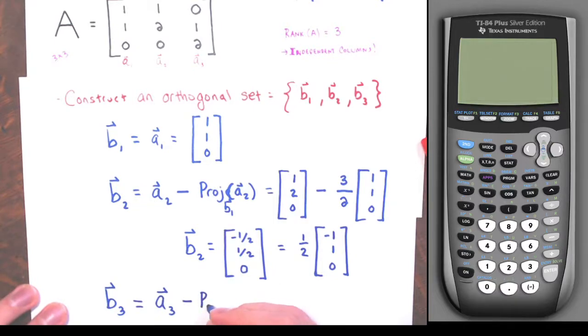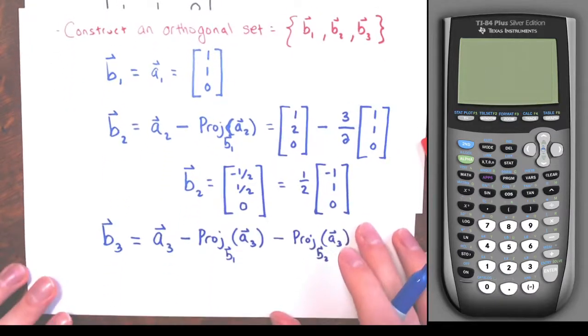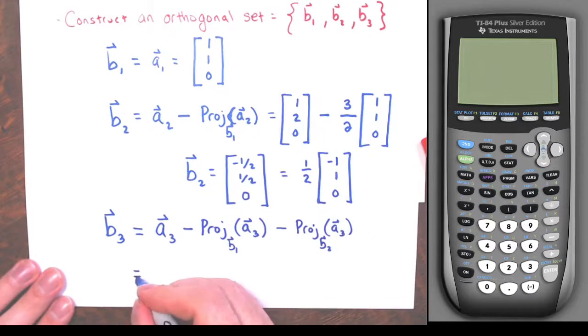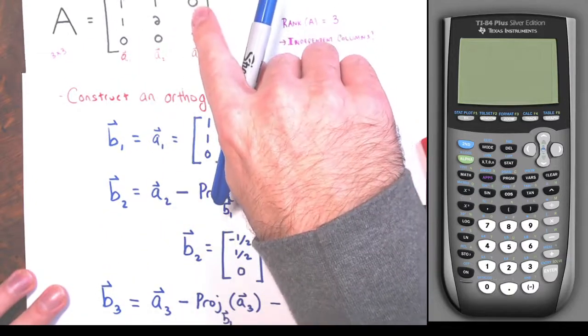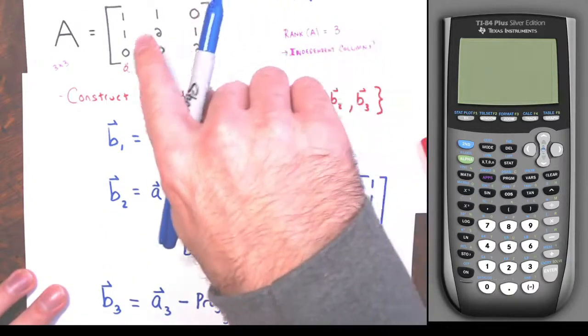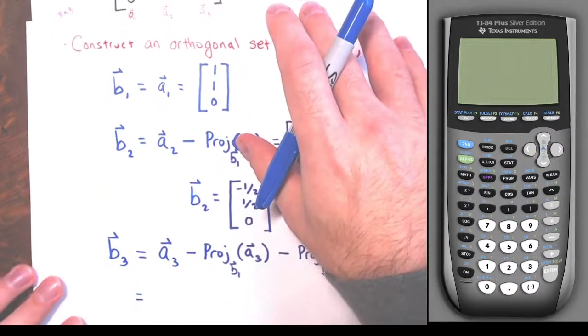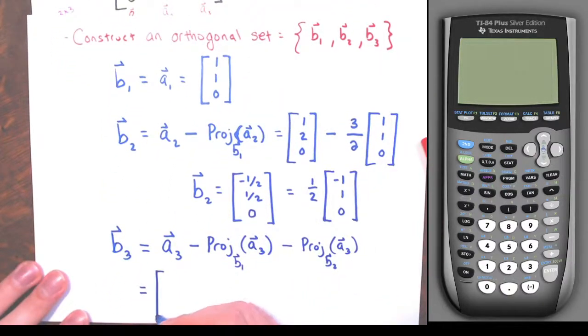So minus the projection of A3 onto B1, minus the projection of A3 onto B2. Working through this, A3 is the vector 0, 1, 2. That was the third vector in my set of independent columns from matrix A.